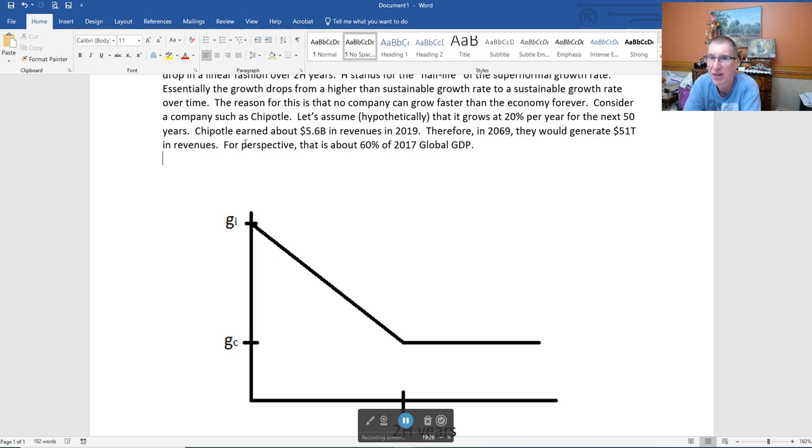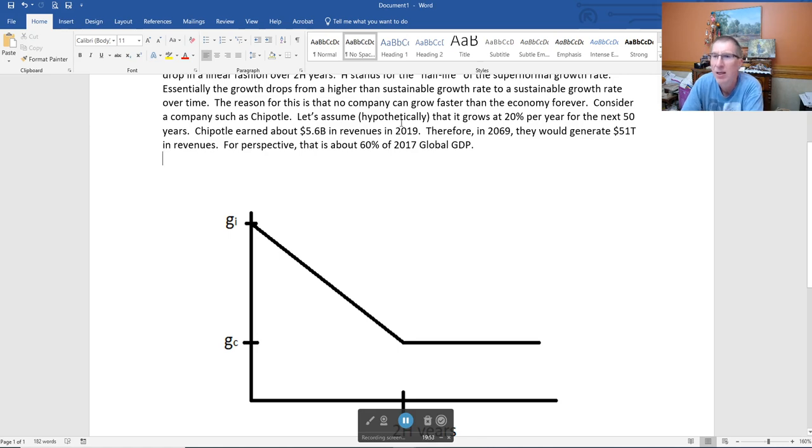Just to put that in perspective, that's 60% of the total global GDP for 2017. That was the most recent number I could find real quick. So if you think Chipotle is going to be generating 60% of all the income generated in the entire world in 50 years, then that might make sense. It's probably not going to happen though.